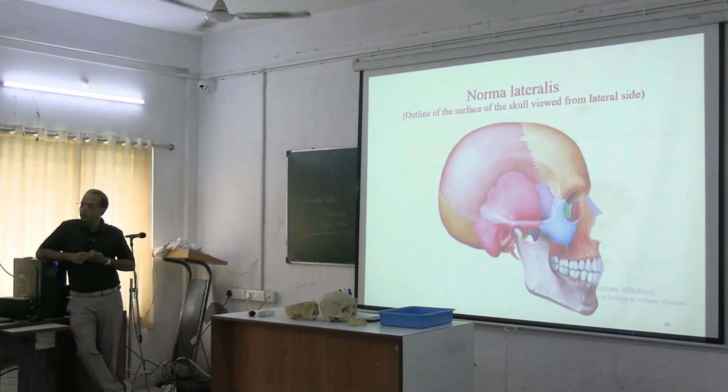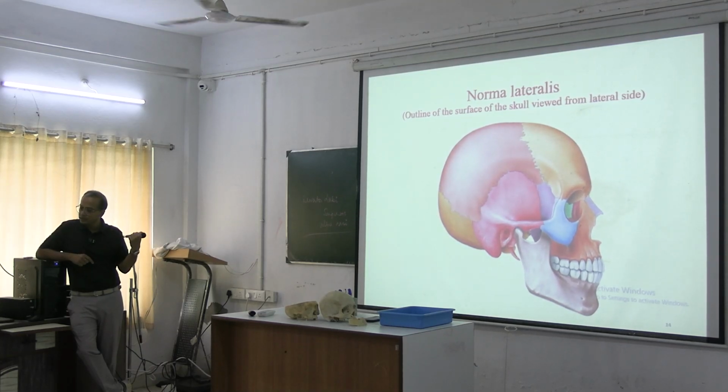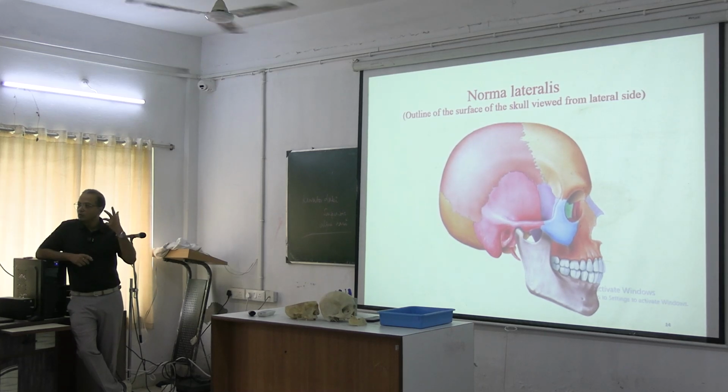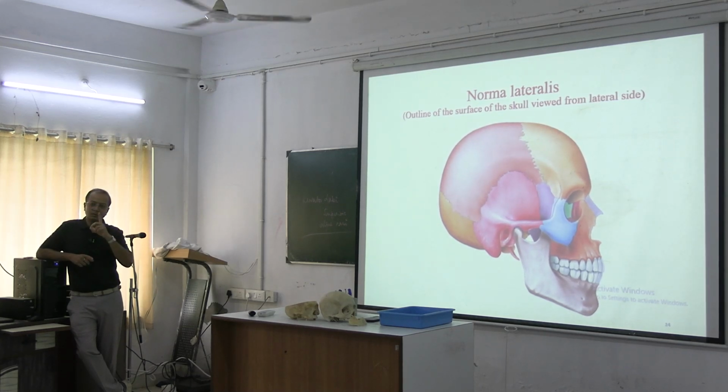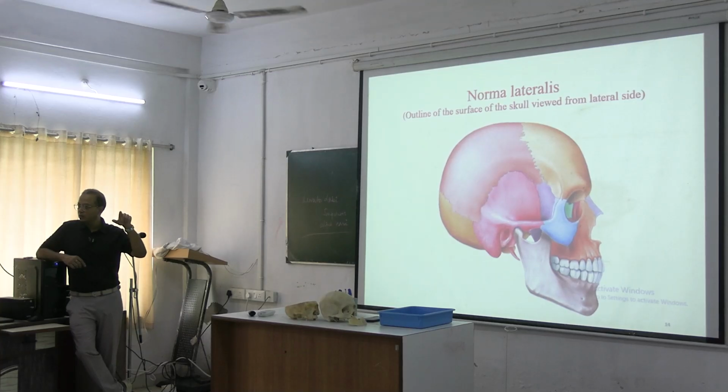So, infection from the middle ear can spread the infection there, that is one thing. Other thing, it has two muscles attached. One is sternocleidomastoid and the other is digastric, right? Good.